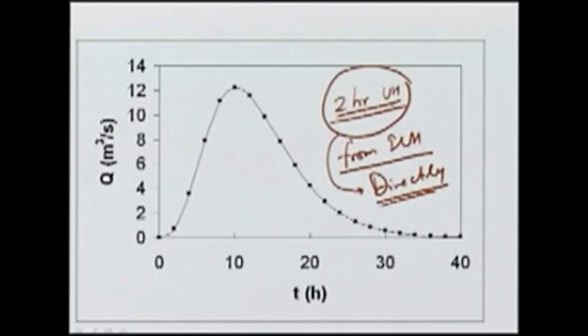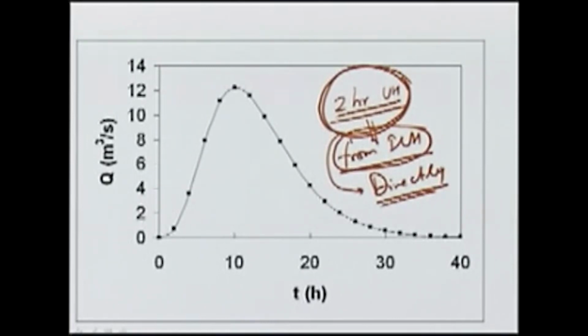Suppose we have a 2-hour rain, we can get the corresponding DRH and get the 2-hour UH from there. So, from IUH also we can obtain the unit hydrograph for a given duration, but what we would look at is for a given hydrograph how to obtain the IUH.